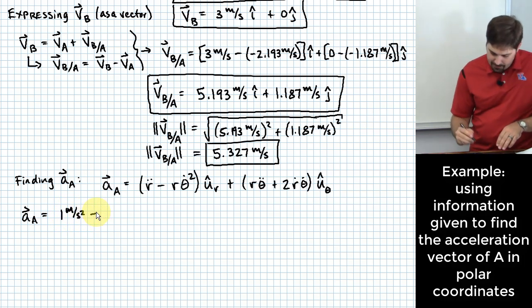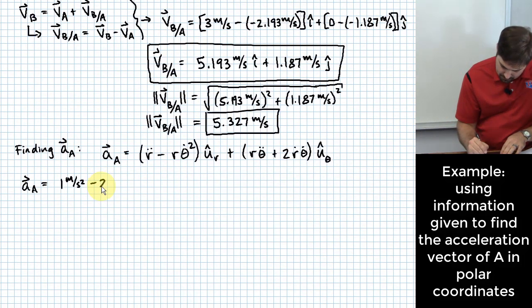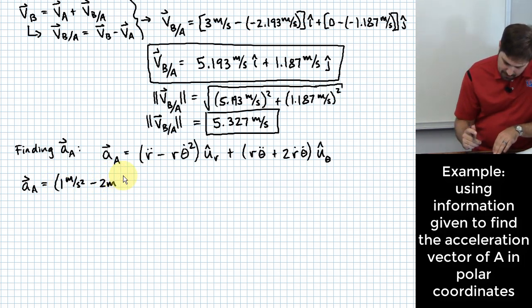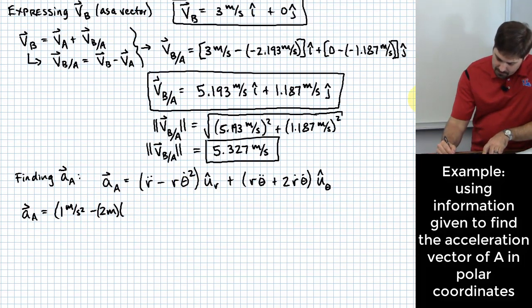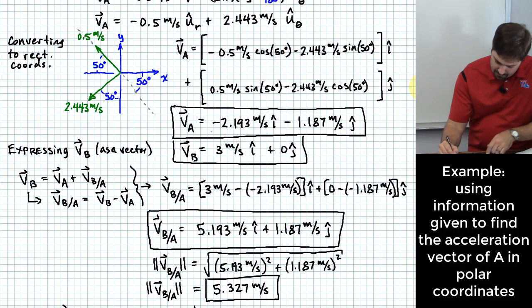Minus, my value for r was 2 meters. Oops, not quite done there, am I? 2 meters needs to be multiplied by theta dot squared. So theta dot up here was 70 degrees per second.